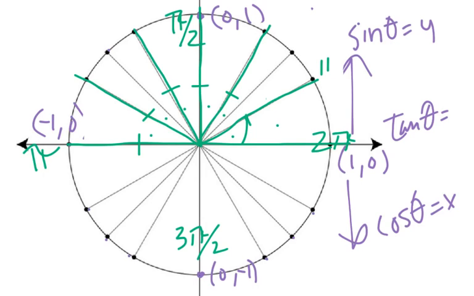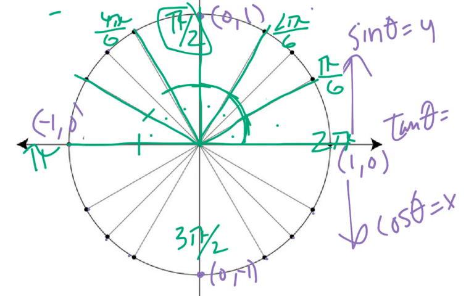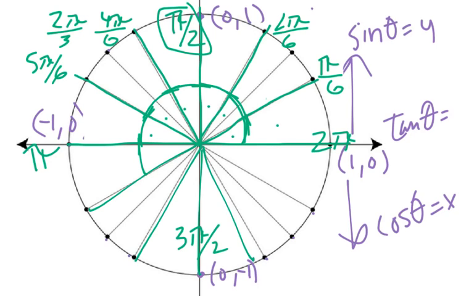So it would be pi over 6. If we go to 2 sections, 2 pi over 6. 3 sections, 3 pi over 6, which turns into pi over 2. 4 sections, 4 pi over 6, which becomes 2 pi thirds, reduces, right? And then 5 pi over 6. And finally, 180 degrees would be 6 pi over 6. So we can keep going with 30 more each time.